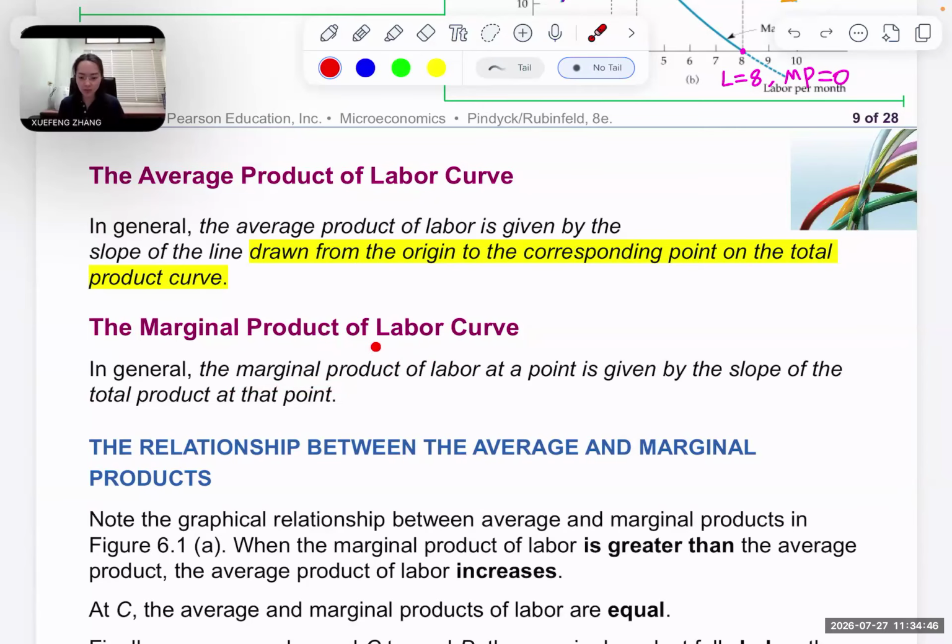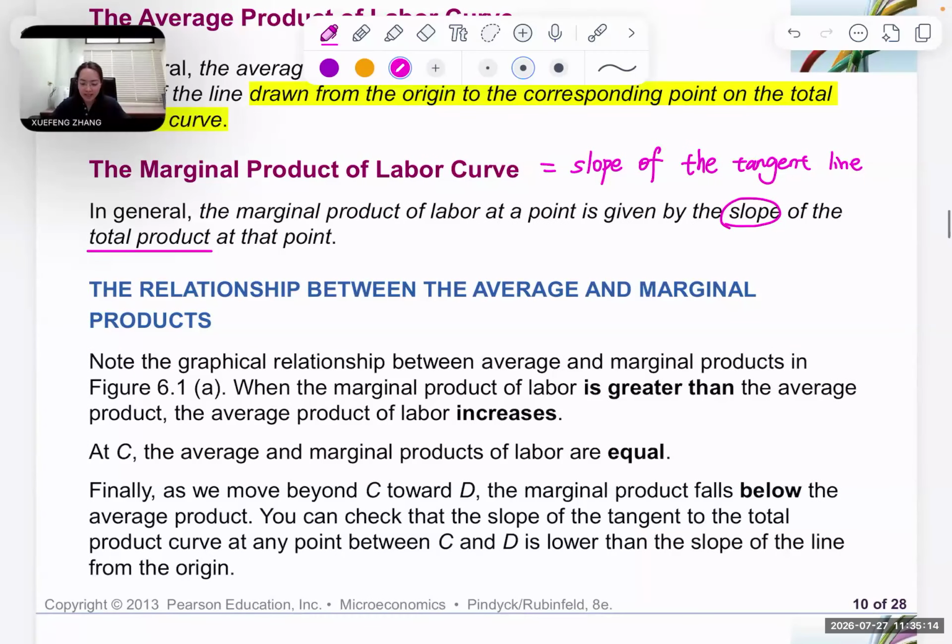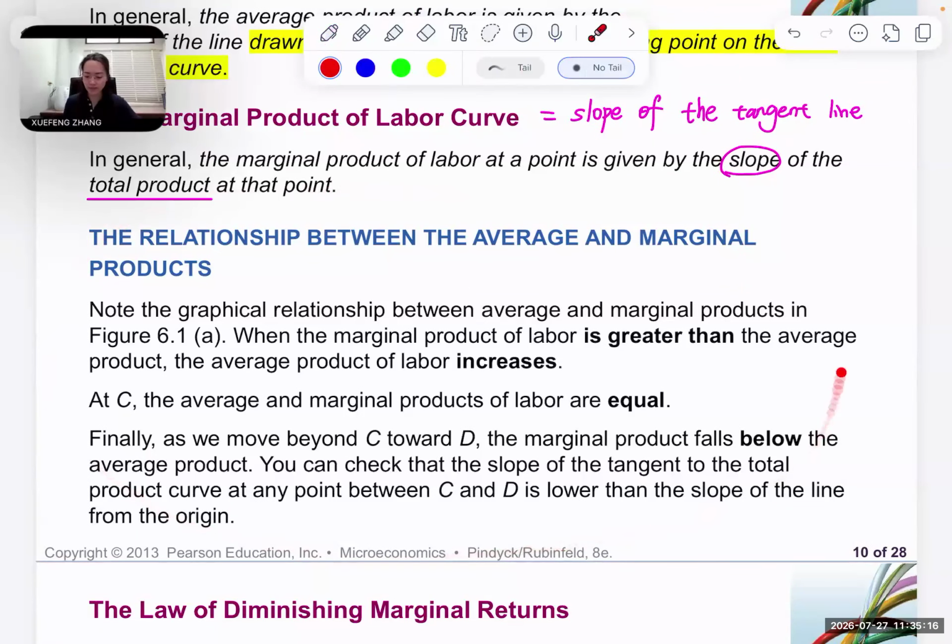Okay, so here I showed you the slope of the total product. And here is the relationship between average product and marginal product.